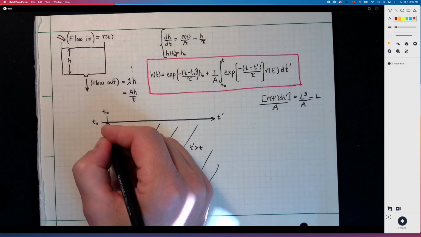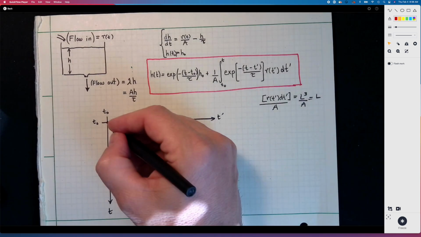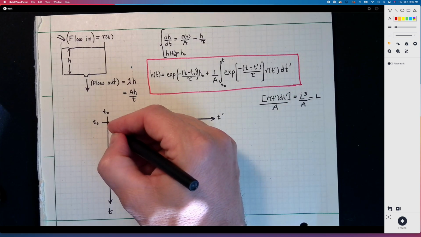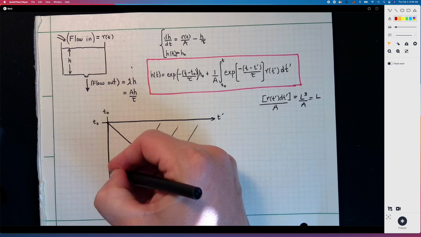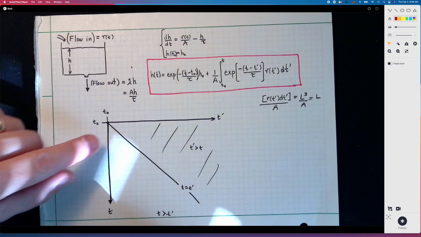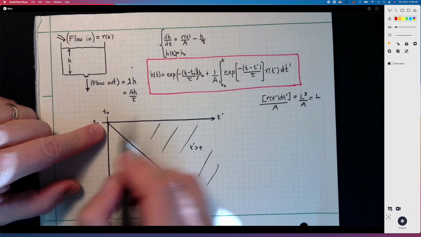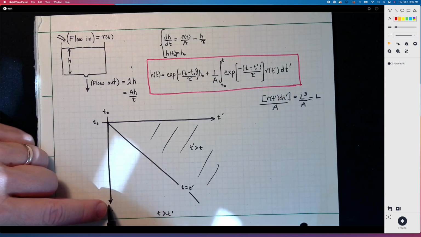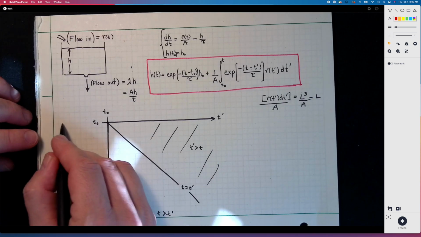So the initial height, h naught, its evolution as time progresses decays exponentially along this axis. If I were to plot the influence of h naught along the time axis, what I would find is something like this.